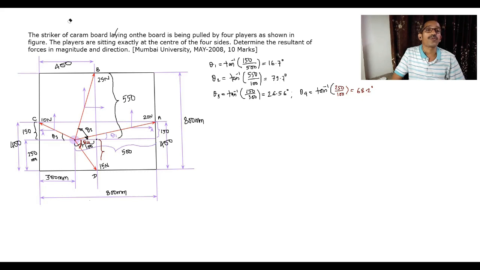Its horizontal component will be rightward, and the vertical component will be in the downward direction. So these are the directions of all components.